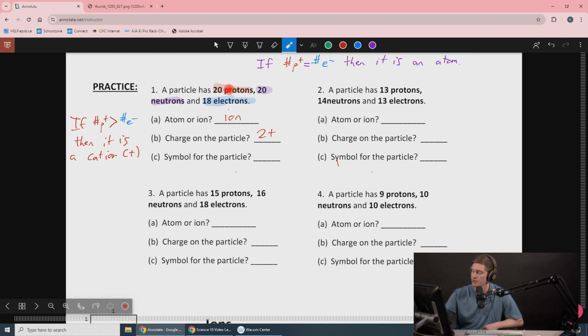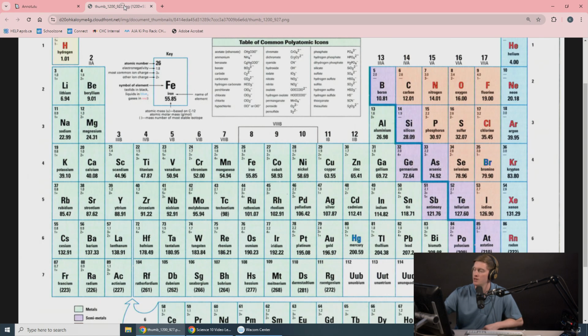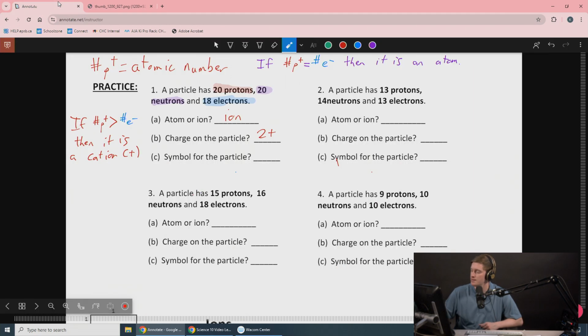Remember that the proton number is always equal to the atomic number. The number of protons equals the atomic number. The number of electrons can change to form an ion, but then if we take a look, number 20 is calcium. The symbol we'll use here is going to be the symbol for calcium, but we'll give it a 2 plus charge.